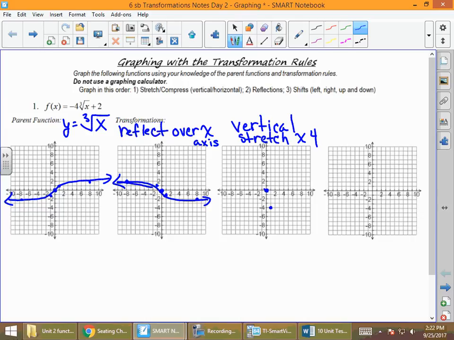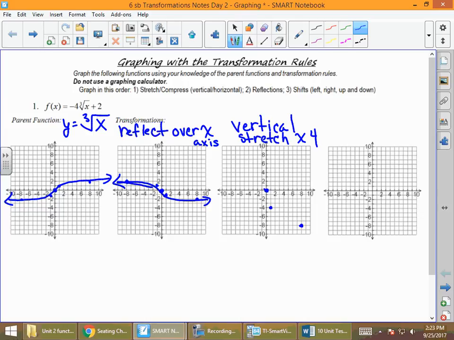Our next point was 8, negative 2. And 8, negative 2, now negative 2 times 4 is negative 8. So 1, 2, 3, 4, 5, 6, 7, 8. The x value is not changing. It's still 8. But the negative 2 times 4 is where that negative 8 came from. When I go to the left, negative 1, 1, 1 times 4.